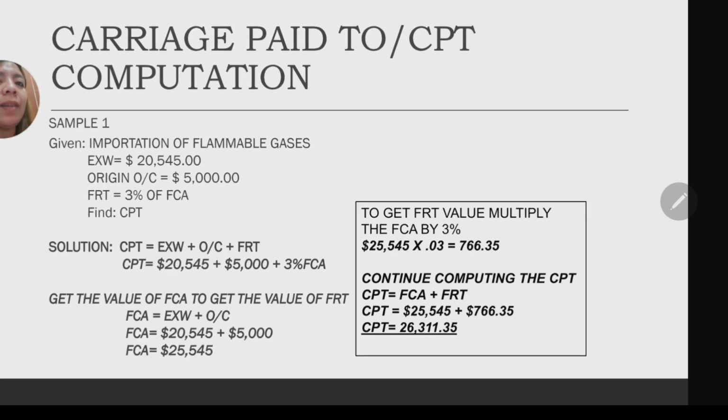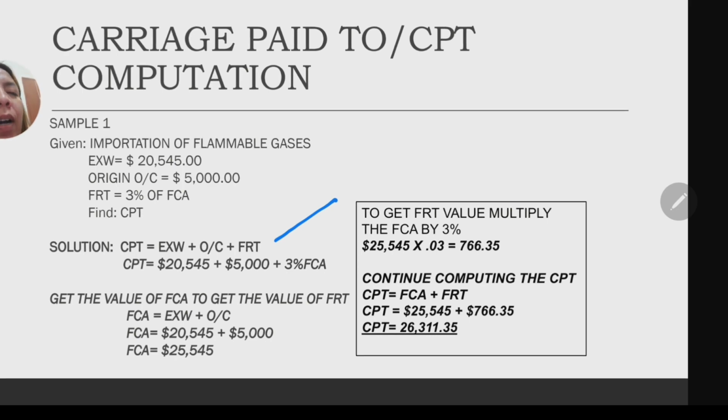For this example, we are going to use the other formula for CPT, which is ex works plus other charges plus freight, since we do have ex works and origin other charges as our givens in this problem.